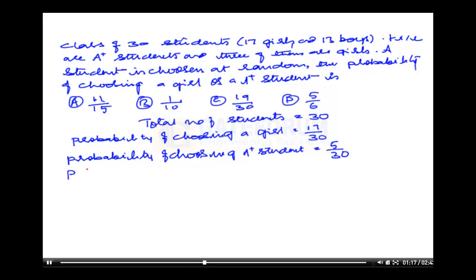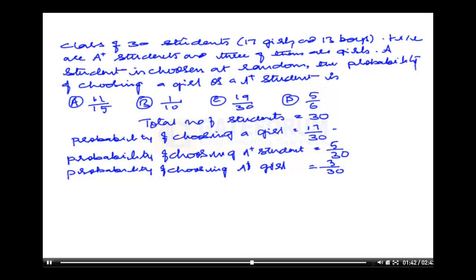Now among the 5, 3 are girls, therefore I can write here the probability of choosing an A plus girl. It is given 3 of them are A plus girls, so therefore 3 by 30.